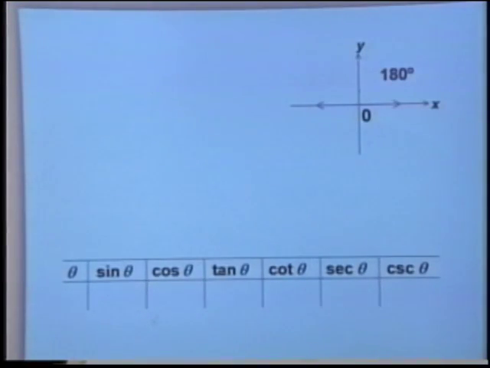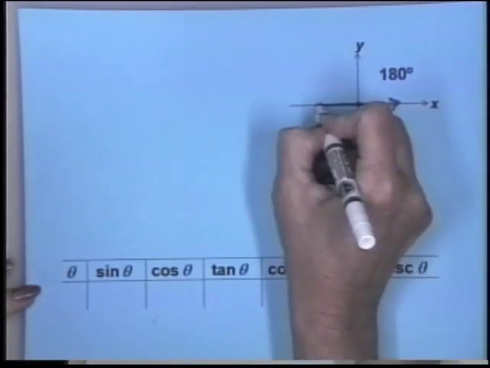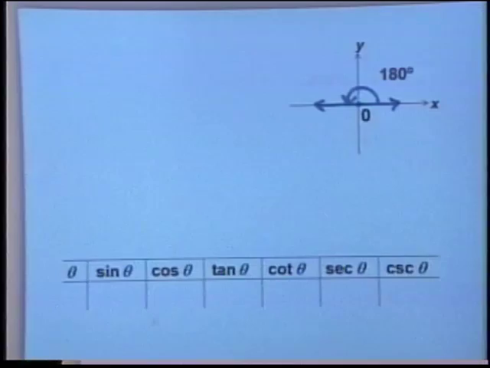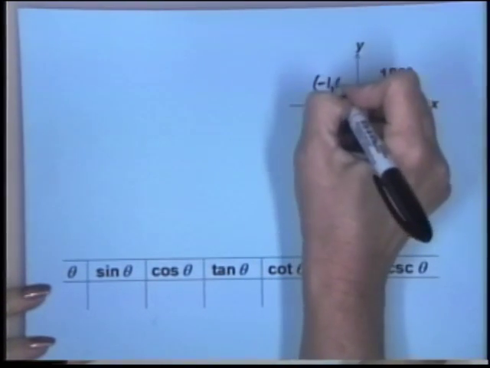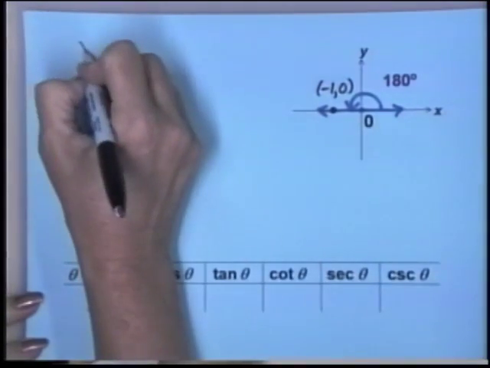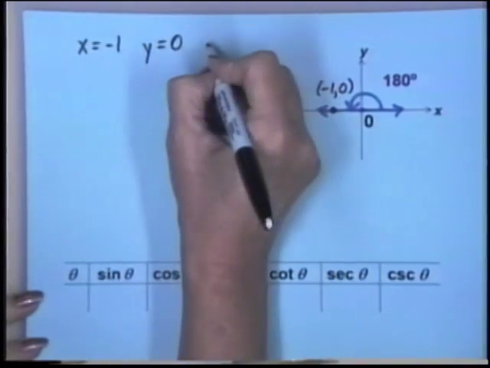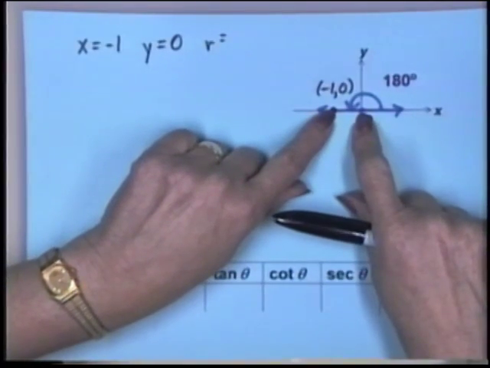Let's look at 180. The point on the terminal side that I'll choose will be the point -1, 0. X equals -1, y equals 0, and what's r? It's that distance, isn't it? Be real careful here.